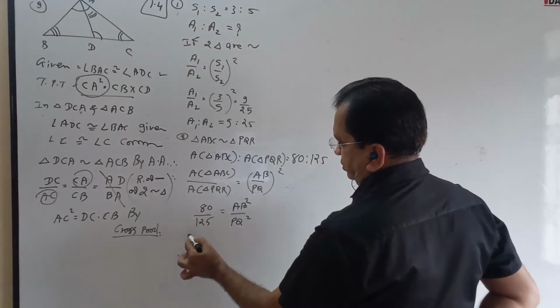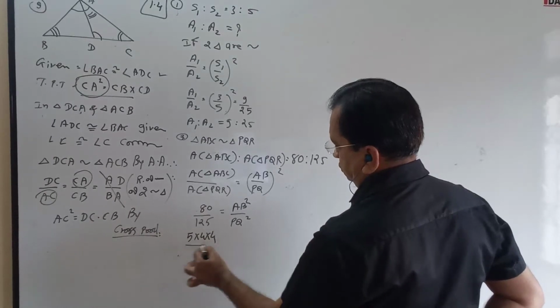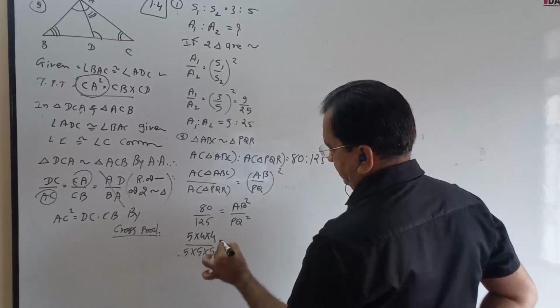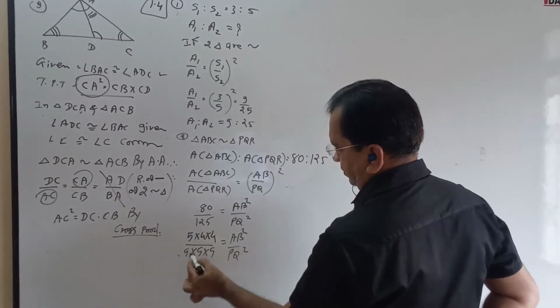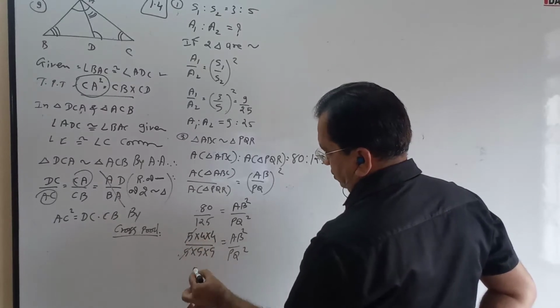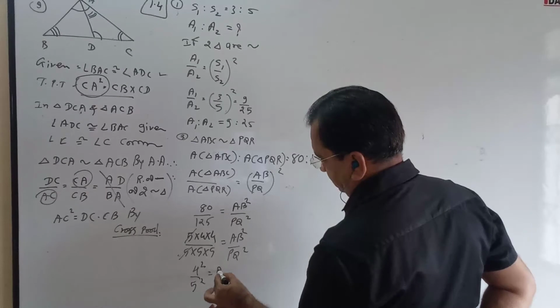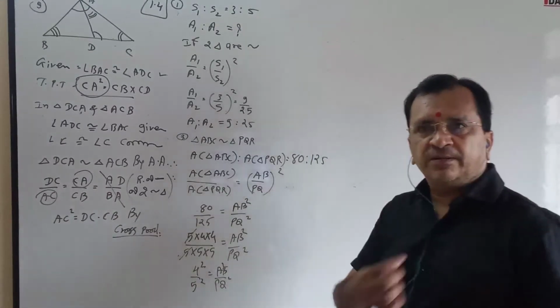So it is 5 into 4 into 4, this is 5 into 5 into 5. Cancel. So it is 4 square, 5 square, AB square, PQ square.